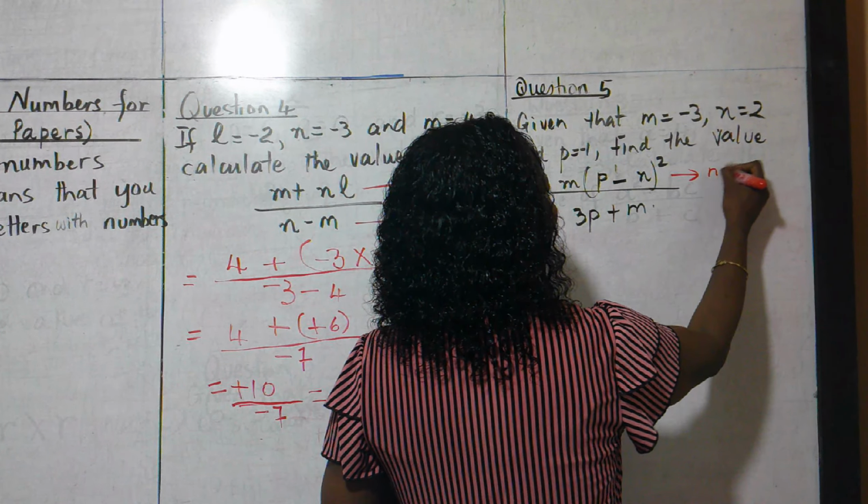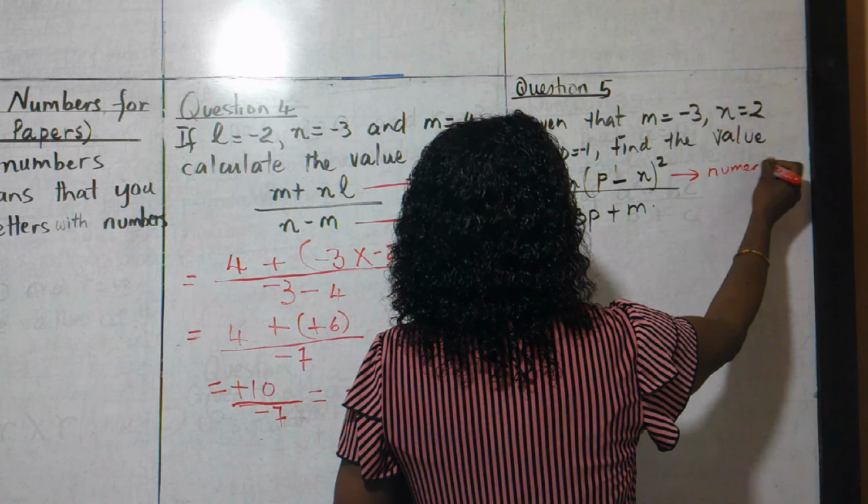So here is the numerator. And here is the denominator. So m is -3. And p is -1 minus n is 2. Raised to the second power, that's 2. All right, all over 3p.